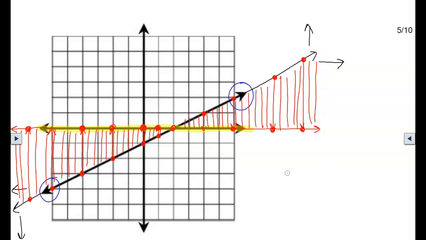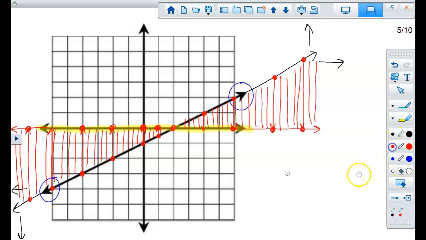And since this line is going to keep going, and the x-axis is going to keep going, how long could I continue doing that? Well, I could continue doing that forever in both directions. So over here to the left, I'm going to be able to keep tracing my line back to the x-axis, and then over here to the right, I'm going to keep tracing my line back to the x-axis.